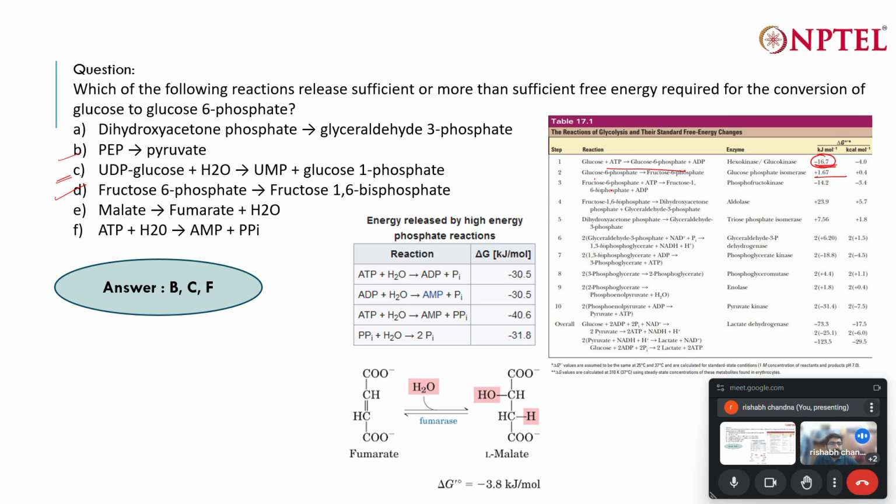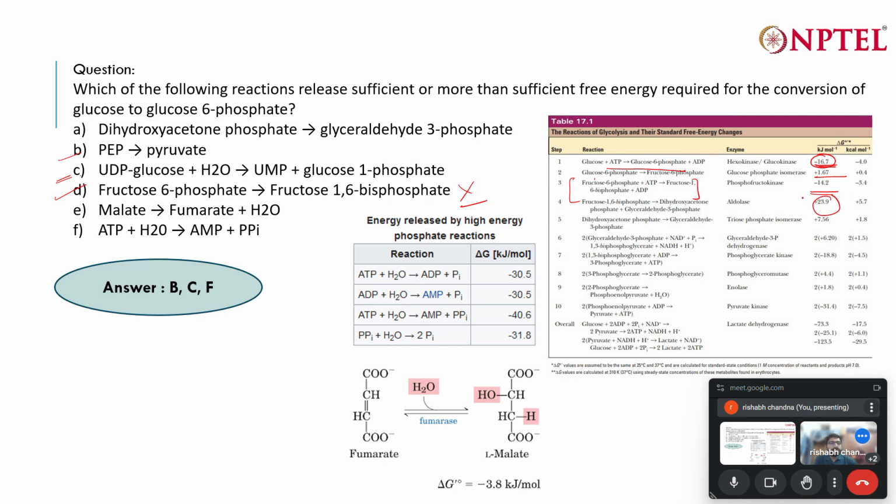Then fructose 6 phosphate to fructose 1,6 biphosphate, this step. Okay, it's actually minus 14.2 kilojoule per mole. That is actually less than the required amount of energy. So this option is actually ruled out. Okay, then moving on to fructose 1,6 biphosphate to DHAP or glyceraldehyde 3 phosphate.